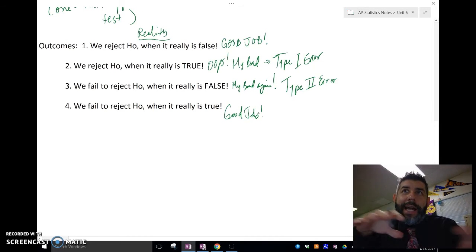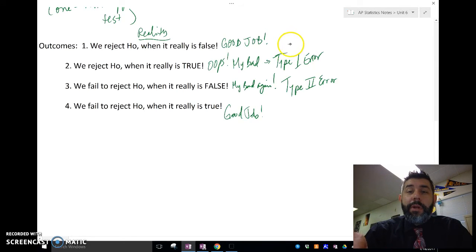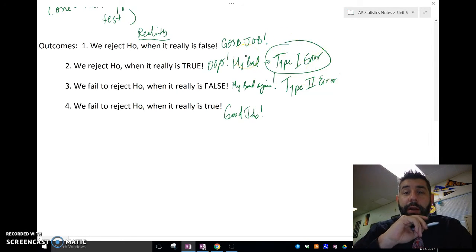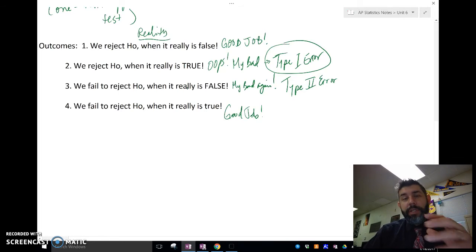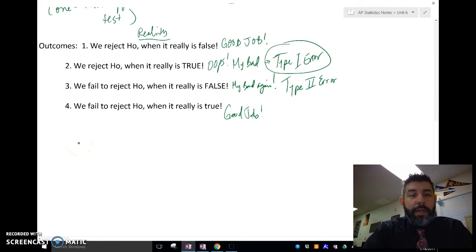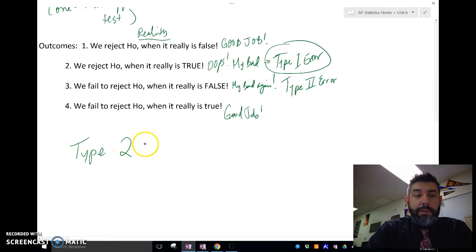Just a side note before I get back to type 1 error. We need to understand which one's which, and remember that for the AP exam if you're taking AP Statistics. One way to remember is the type 2 error. We write it as a Roman numeral 2.